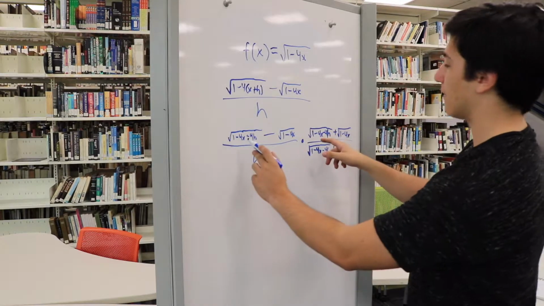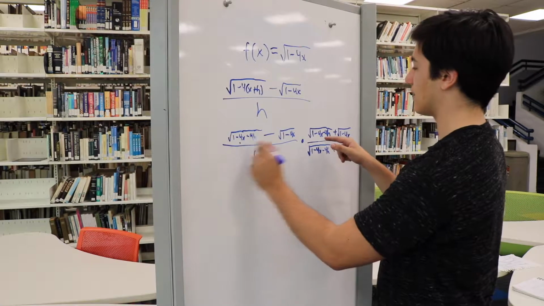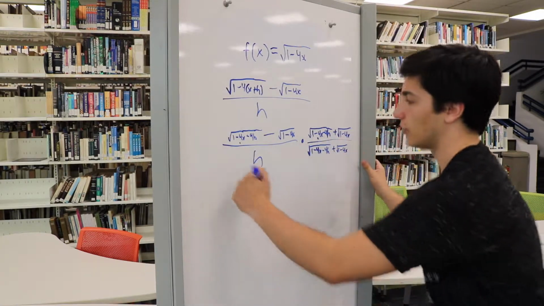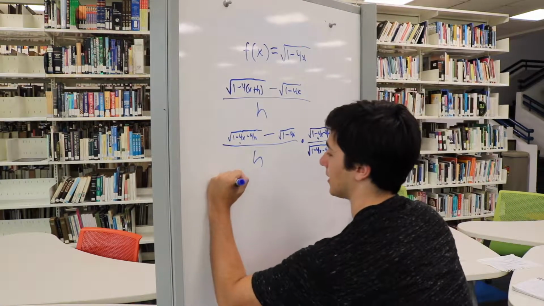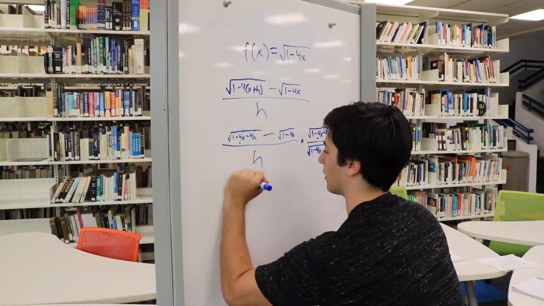After that, we're gonna have to do FOIL of these equations. So first we multiply this times this. So the square root cancels out and it's 1 minus 4x minus 4h.